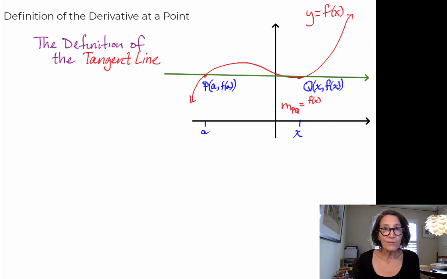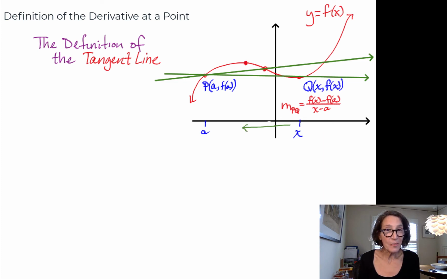We call that m_PQ, right? It's the change in y over the change in x. That's the slope of that secant line. And then we move x a little bit closer to a, and we take another point a little bit closer, take the slope of that secant line.